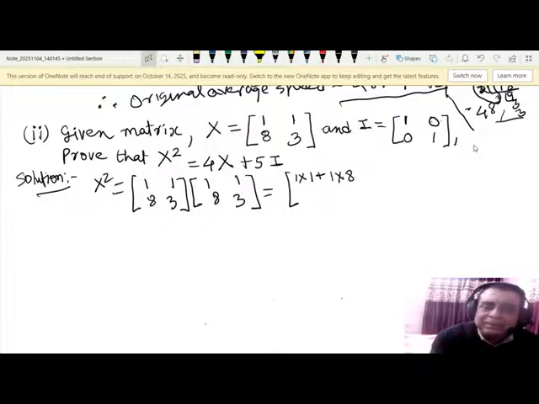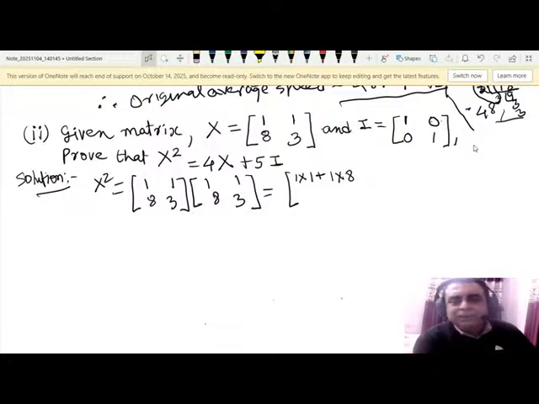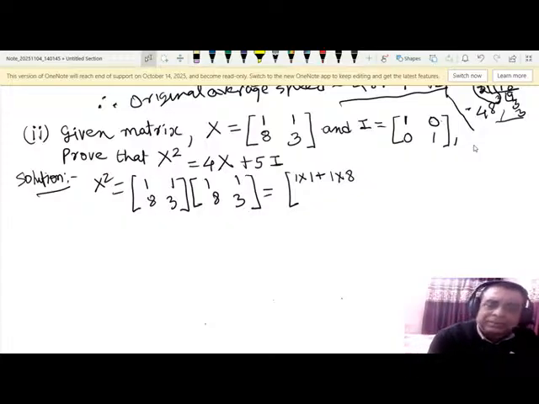Now we will write the second element of the first row. So you multiply the first row with the second column. The first row of the first matrix is multiplied with the second column of the second matrix, and that is written in the second element of the first row.